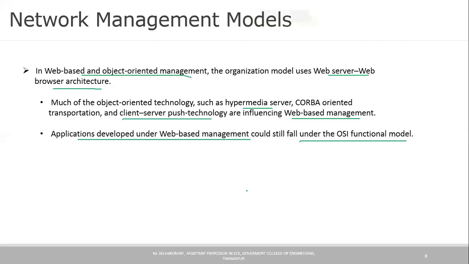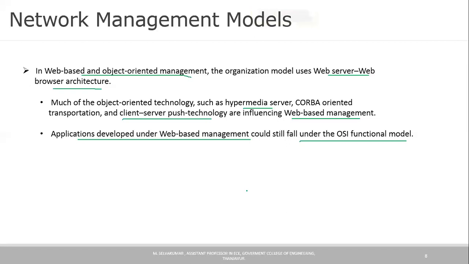I hope that you have learned well from the network management models. From this topic, we come to the conclusion that in the network management models, OSI is the most complete standard of all the standards.